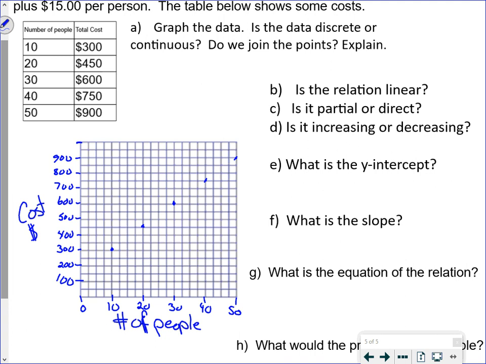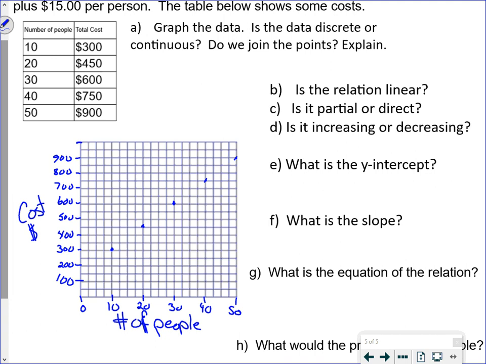The second part asks, is the data discrete or continuous? So again, to determine that, we need to think about, does it make sense to use decimal values for the number of people and the cost? For the cost, it makes sense to use decimal values because you can have cents, right? For the number of people, it doesn't make sense to use decimal values because you can't invite 10.5 people.